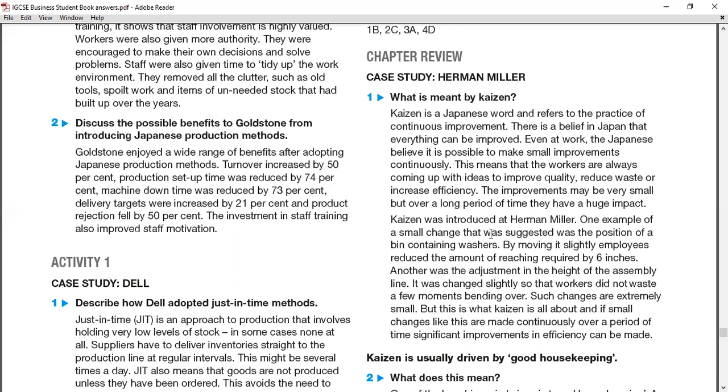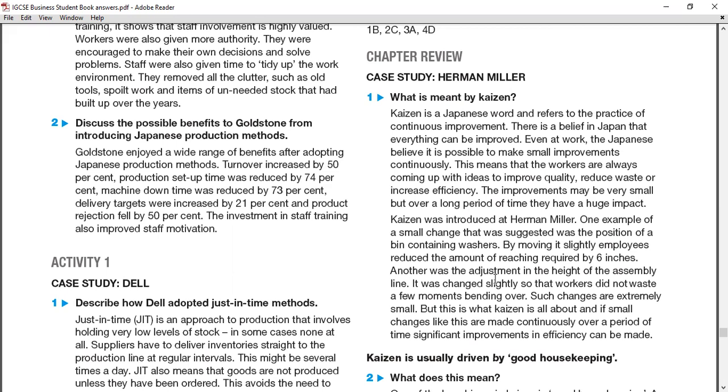Kaizen was introduced by Herman Miller. In this case, one example of a small change is the position of the bin containing washers. By moving it slightly, employees reduce the amount of reaching required by 6 inches. It's a small change. Moving that bin a little bit, 6 inches away, you can reduce the employee movements by a small amount.